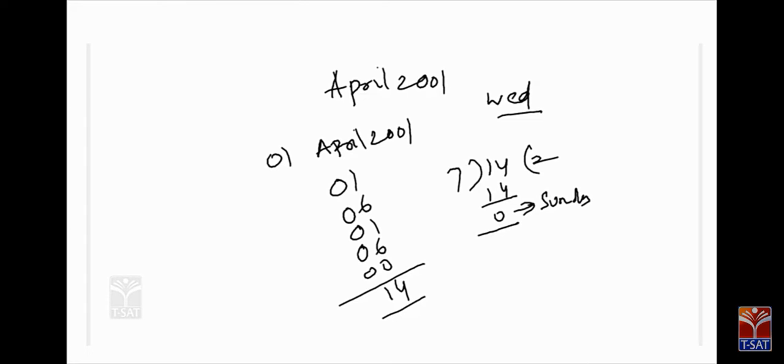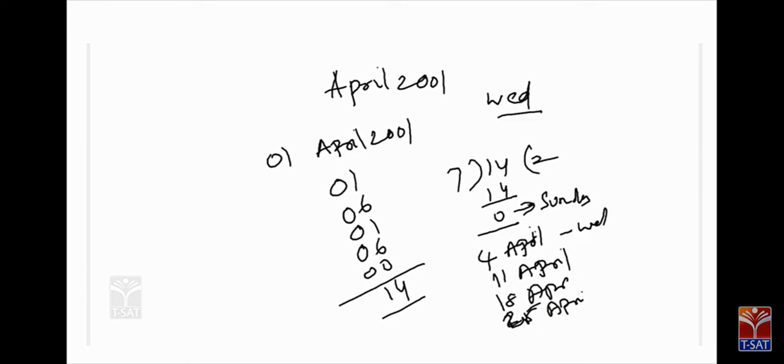So 0 is Sunday, 1st April is Sunday, 2nd is Monday, 3rd is Tuesday, 4th is Wednesday, correct. 4th April is Wednesday. Next you have to add 7: 4 plus 7, 11th April is Wednesday, 18th April is Wednesday, and 25th April is Wednesday, correct.